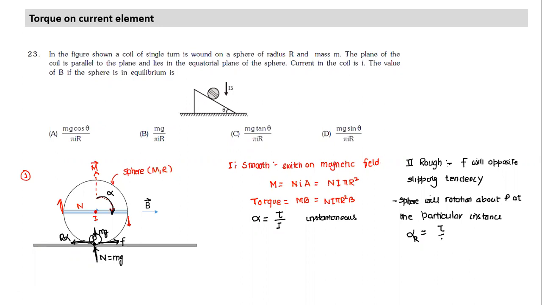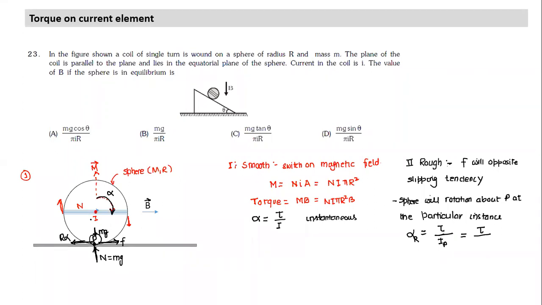The only thing which will change now, in this case of rough surface, since it is rotating about point P, is that the moment of inertia also has to be taken about point P. Torque will remain the same, but the moment of inertia is about an axis passing through point P. So I have to apply the parallel axis theorem.